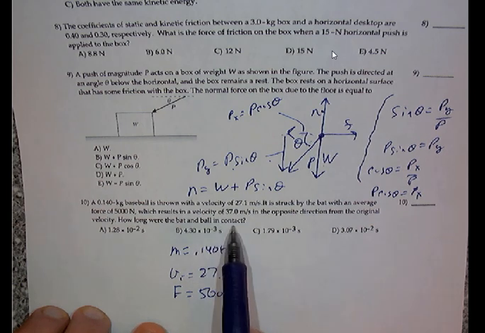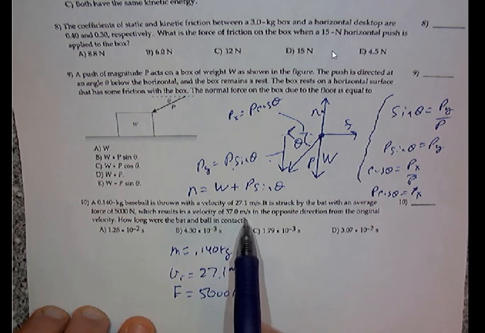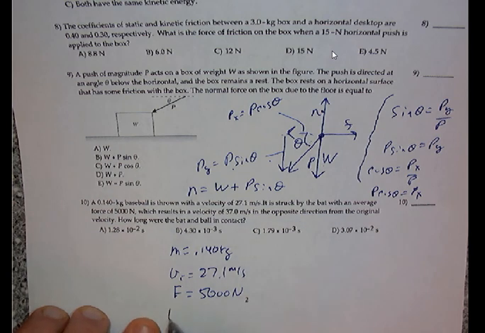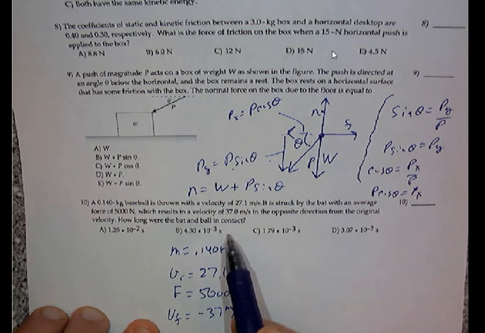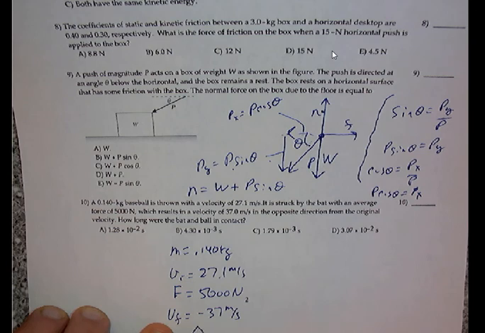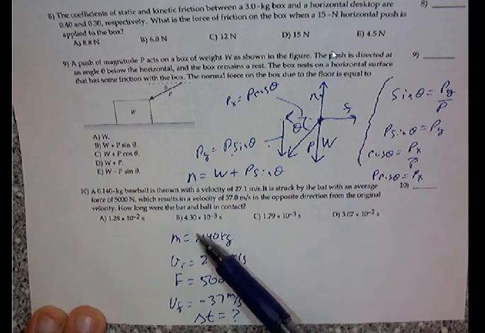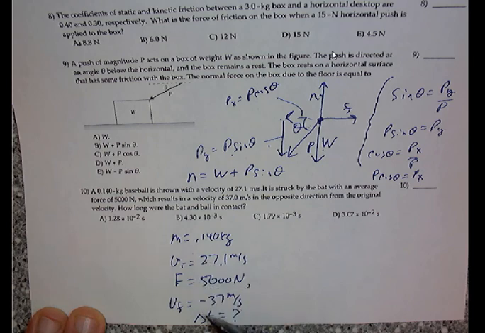It results in a velocity of 37 meters per second in the opposite direction. Okay, so opposite direction means I've got to put the minus sign in here. How long were the bat and ball in contact? So what's the time here? So look what we have. Mass, velocity, force, and time.